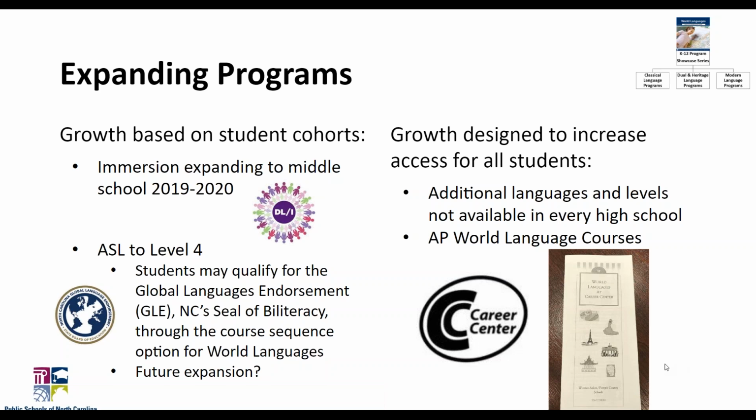And so that's kind of what drives our growth is registration. It's really about demand. So if the demand is there, we work to meet it. And as long as students are signing up for courses, then we continue with that course, or we add the next level, or whatever is necessary.